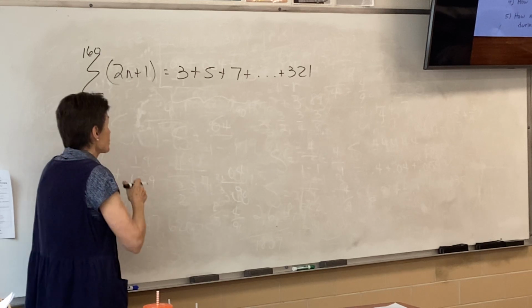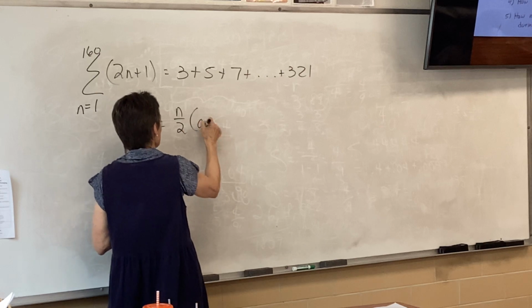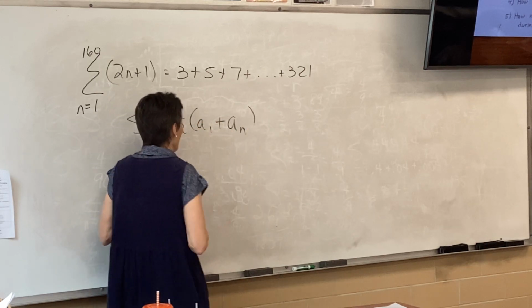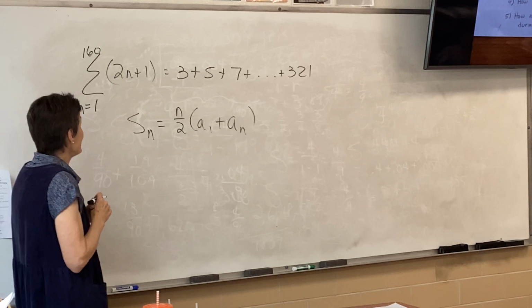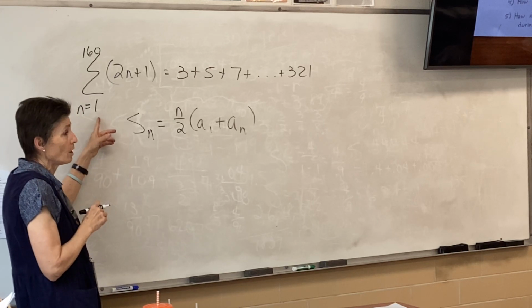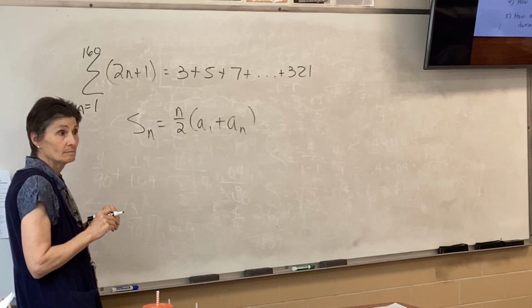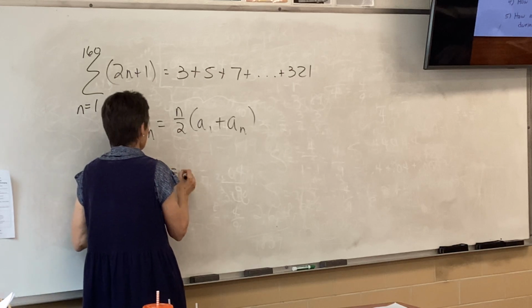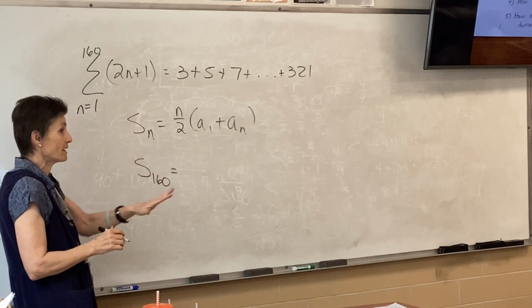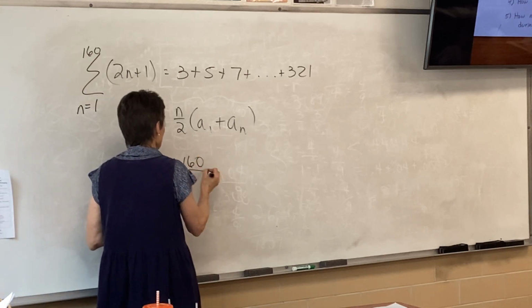Arithmetic. So I'm going to look at my formula list and pull this one. This is my arithmetic sum. Sigma always means sum. How many am I adding up? If I start with 1 and go all the way to 160, how many is that? 160. Don't overthink it. So I have 160 over 2.